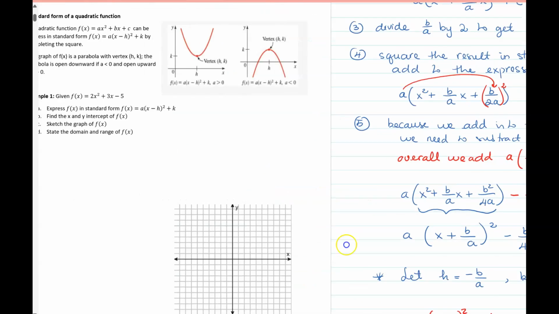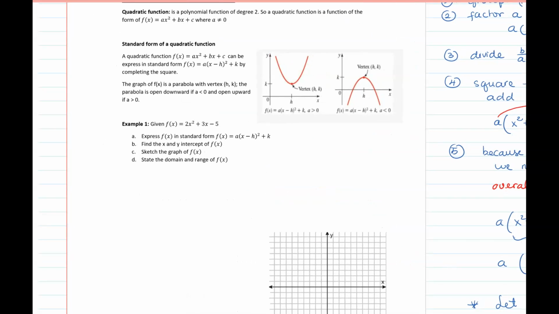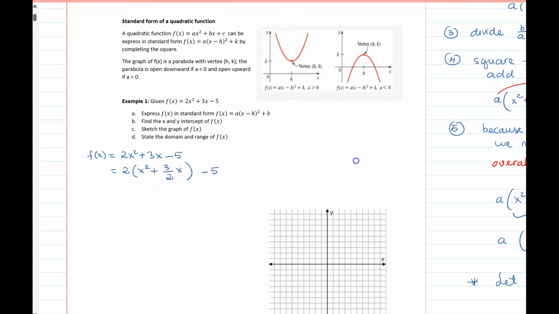Okay, so go back to our problem. Start with the equation f of x equal 2x squared plus 3x minus 5. I go ahead and factor out 2 to get x squared plus 3 over 2 x minus 5.